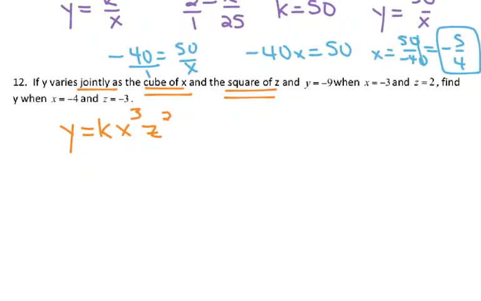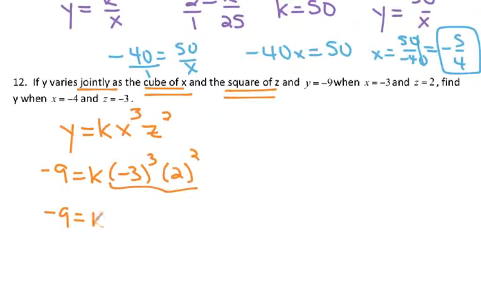One of the most common mistakes I see students make with this is they start with the exponents to find the constant of proportionality, and then at the end of the problem, when they go to solve, they just drop them. All right, so let's start with the fact that y is negative 9 when x is negative 3 and z is 2. So the first thing we're going to do is multiply those, and I'm going to get negative 108. And then I'm going to divide by negative 108.